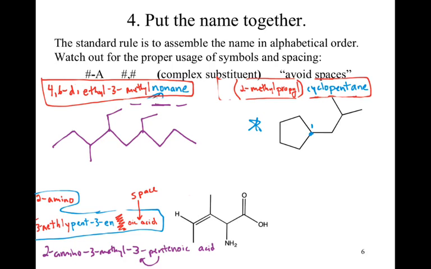Well, this has to do with what it's referencing. The only thing that that 3 could reference would be a functional group that follows it. Well, we have two options. We either have the ene or the oic acid. Well, since by definition the acid has to have the lowest number and it shows up at the end of a chain, it will always be 1. That means I can slide the 3 out front. That 3 will then naturally apply only to the ene portion of the name, the alkene. A bit dodgy, but it is there.